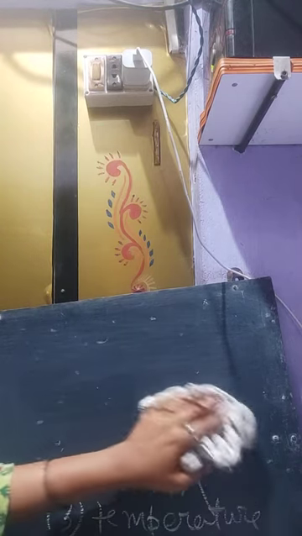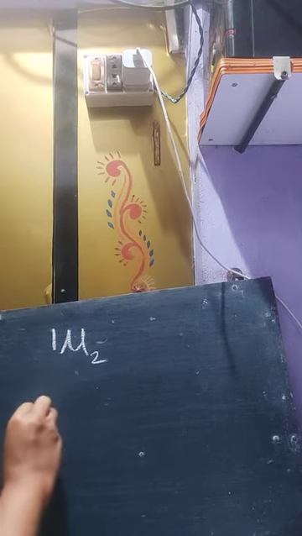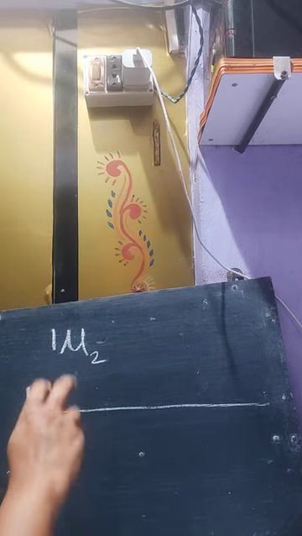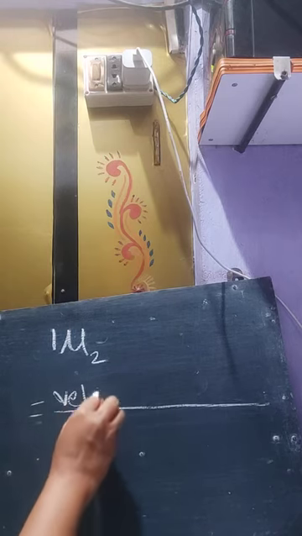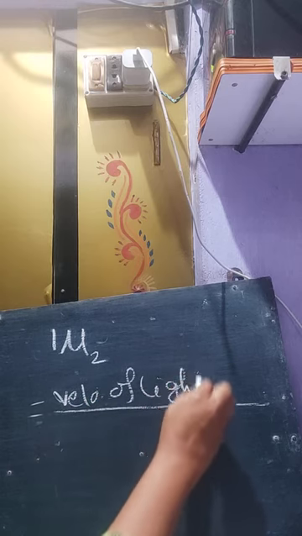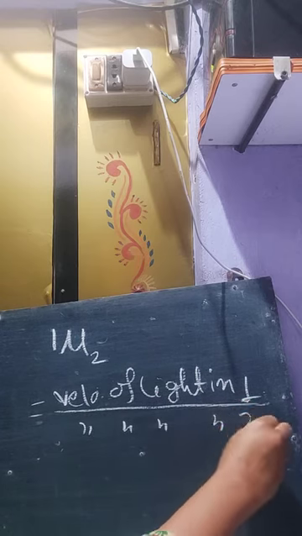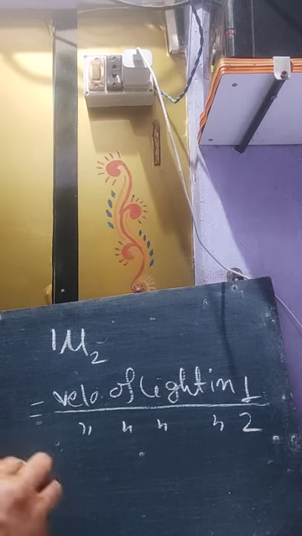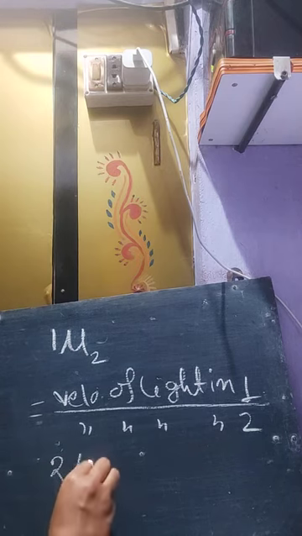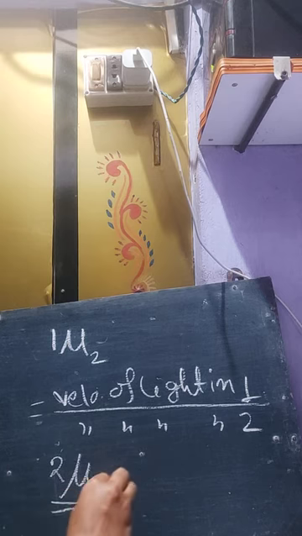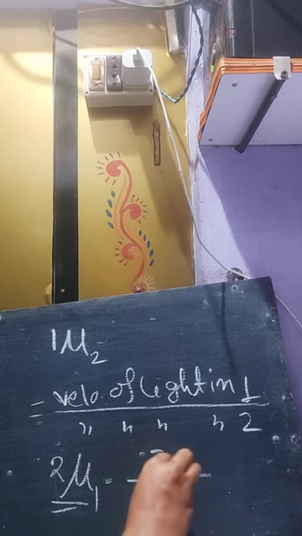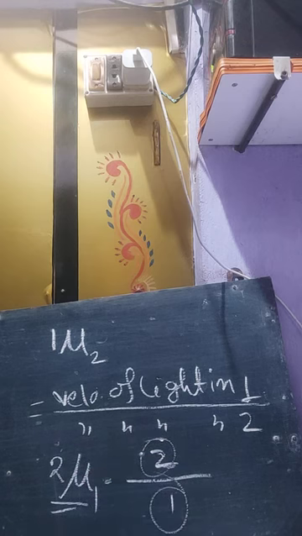Next, coming to the discussion according to the wave theory of light. According to the wave theory of light, 1 mu 2. What is this notation? This is the velocity of light in medium 1 with respect to the velocity of light in medium 2. If I write 2 mu 1, this notation defines the velocity of light in medium 2 corresponding to medium 1.